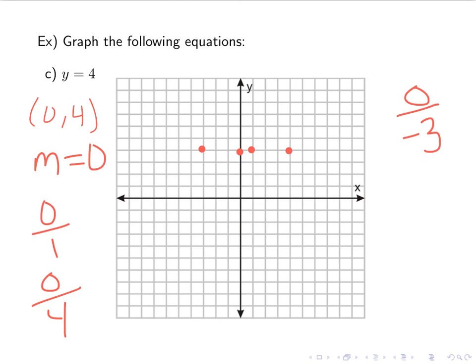So no matter what I'm using as my fraction for 0, I'm rising 0, and I'm only running. And if I connect these with a straight line, I should have a nice horizontal line. And remember, we've talked about horizontal lines having a slope of 0, so hopefully this makes sense.